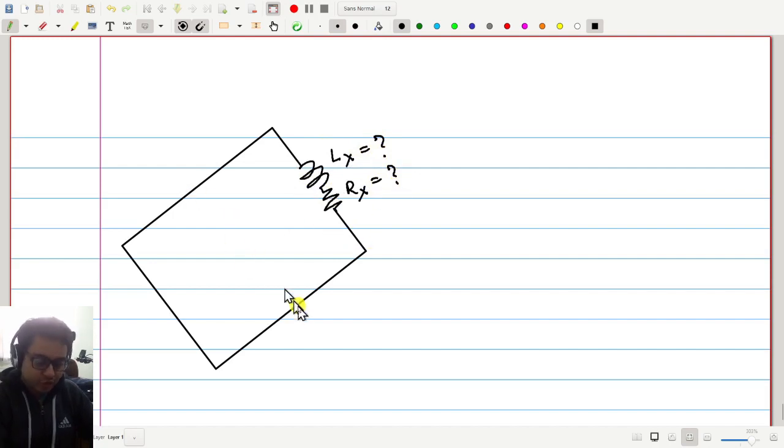What would you like to choose here in these three arms? Okay, suppose we go for a product bridge. Okay, so if we go for a product bridge, then the opposite two arms should be, I mean their product should be a pure real or imaginary number. So I may choose two pure resistances here. Then what will you choose here?